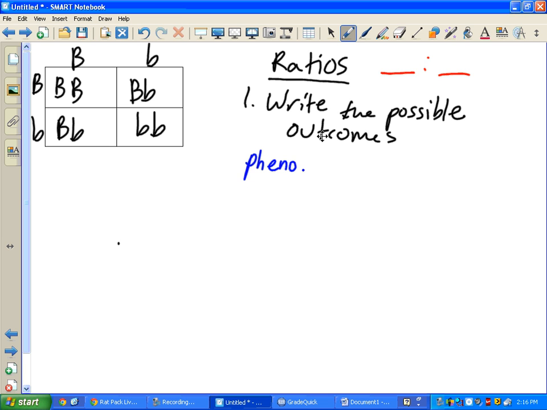Right? So all the possible outcomes are either brown, remember phenotype is physical appearance, or blue. Okie doke.